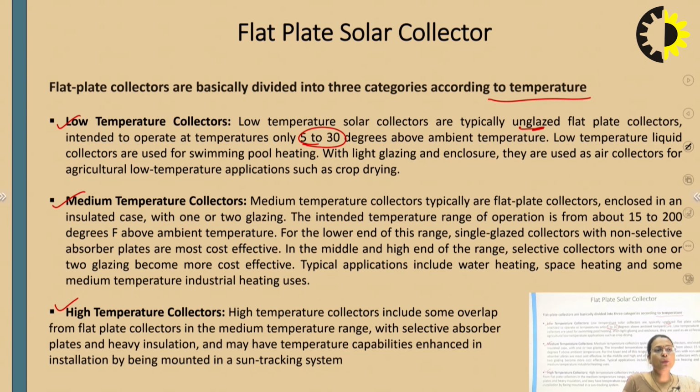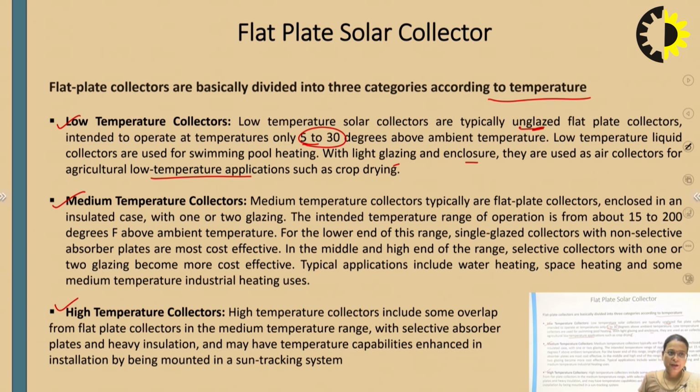These low temperature liquid collectors are basically used for swimming pool heating. With light glazing and an enclosure, they are used as air collectors for agriculture, low temperature applications such as crop drying, okay?